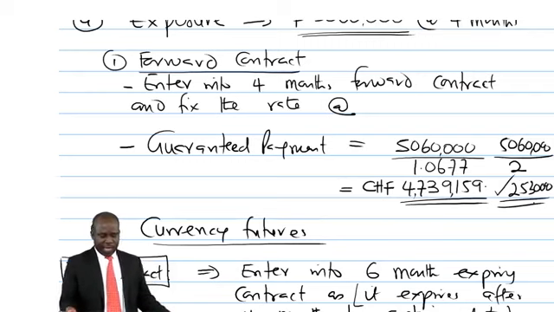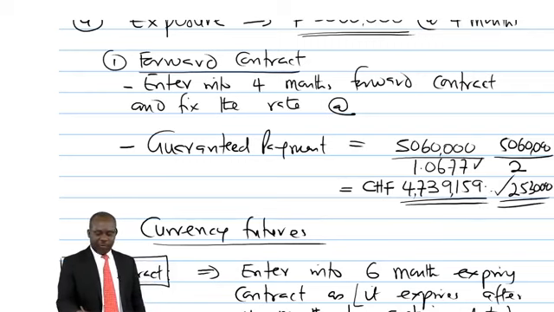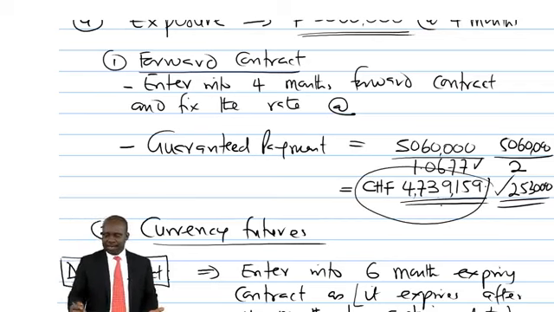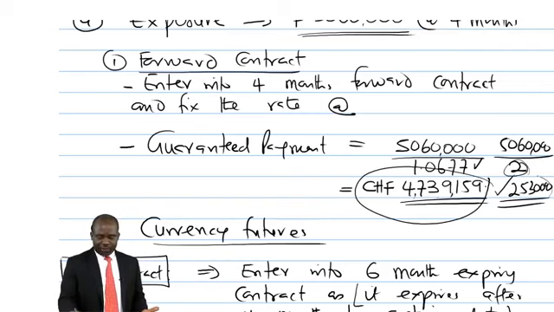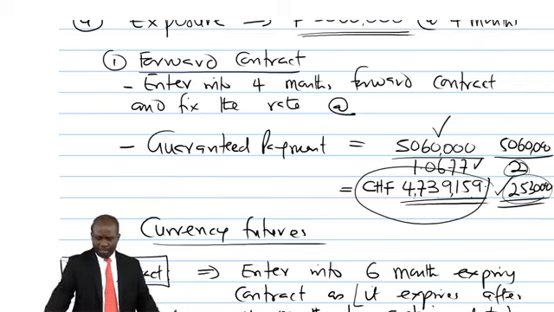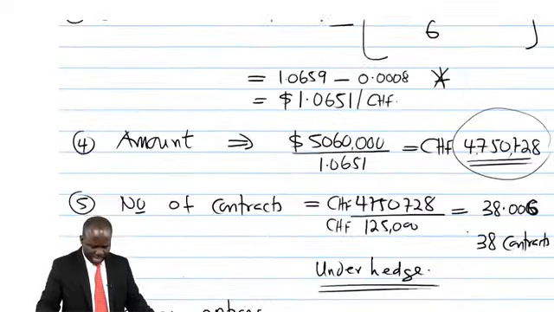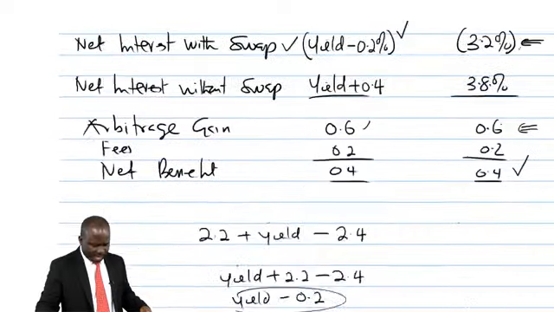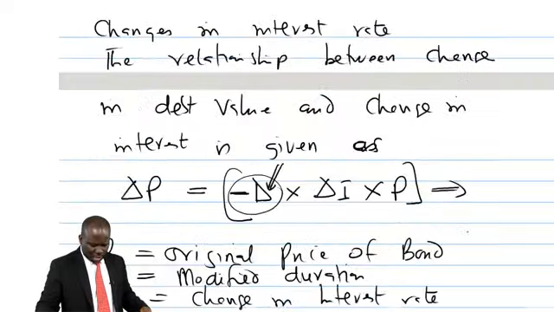But because I entered into the forward contract, I am obliged to go and pay this. The market rate is 2, I should have paid that, but because I've entered into the contract, I will have to honor it. And this is the gap. I'm still making a loss. The hedging hasn't been good for me. So review the answer there. These are the points that you need to discuss. You need to talk about them.